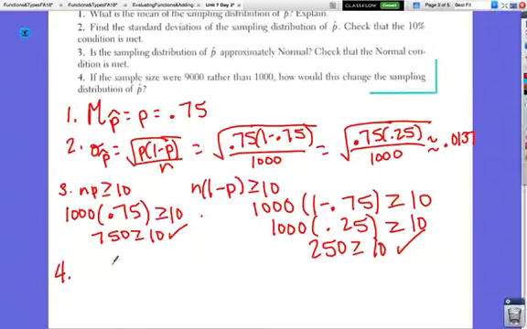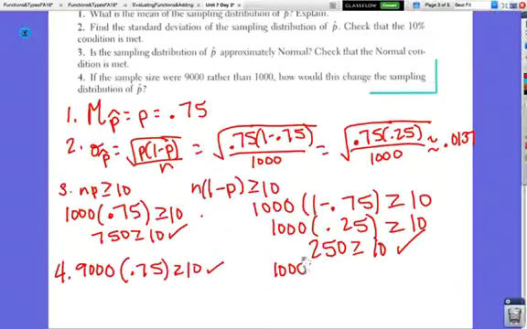Part 4 says, if the sample size were 9,000 rather than 1,000, would this change the sampling distribution of p hat? All right, so we would say 9,000 times 0.75 is greater than or equal to 10. That's definitely going to work.